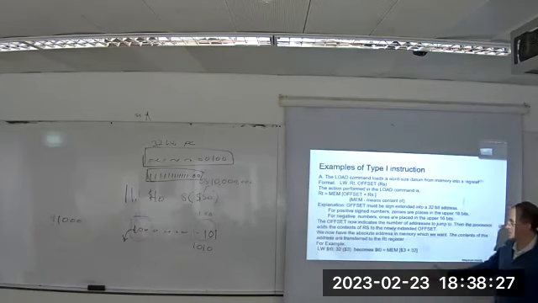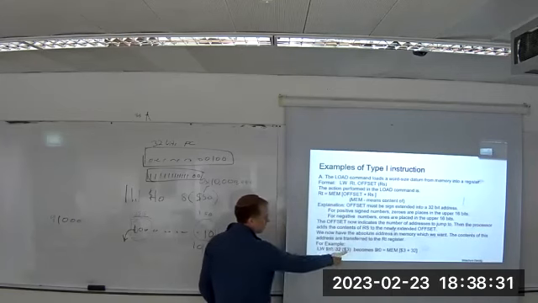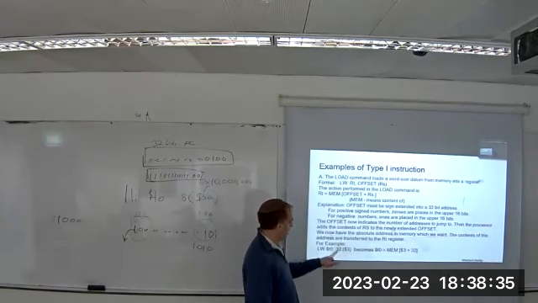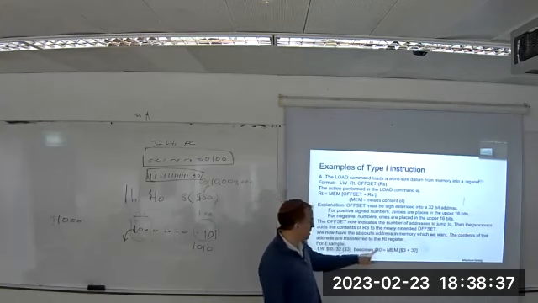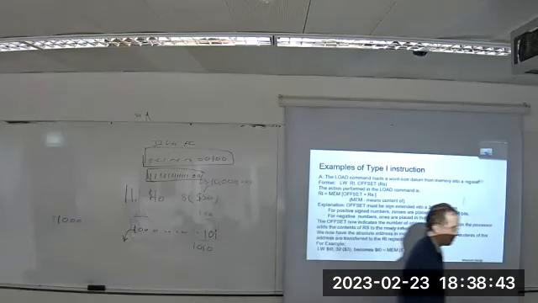For example, load word 32 at 3 into T0, register number 3 plus 32 into T0, becomes, the way you would write that, T0 equals memory location of 3 plus 32. Just showing you the notation.